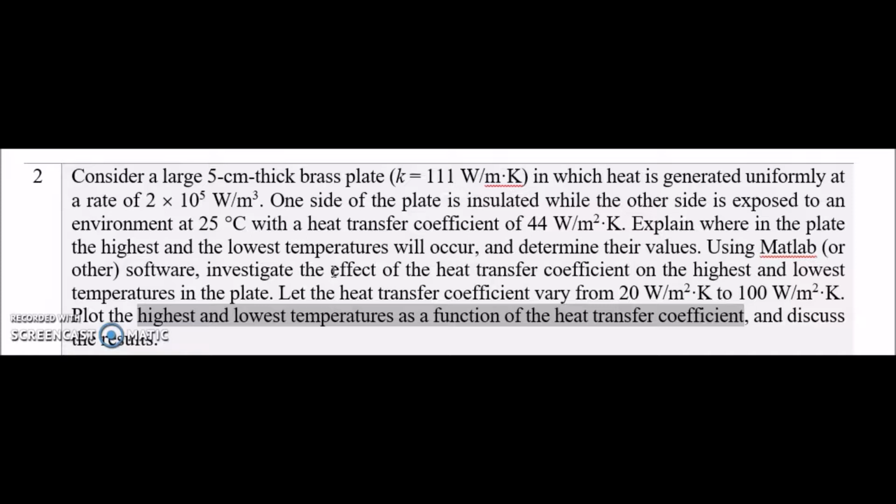So we use Excel to investigate the effect of it, and we have 5 different H values, from 20 to 100, with an interval of 20 in between: 20, 40, 60, 80 and 100 heat transfer coefficient values.